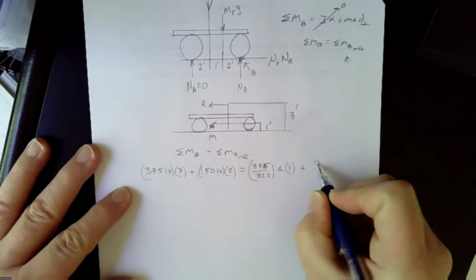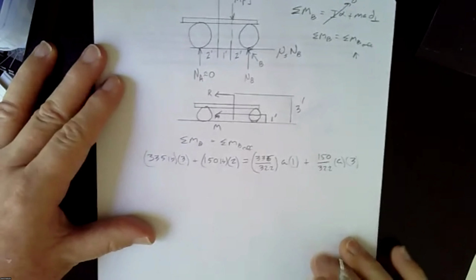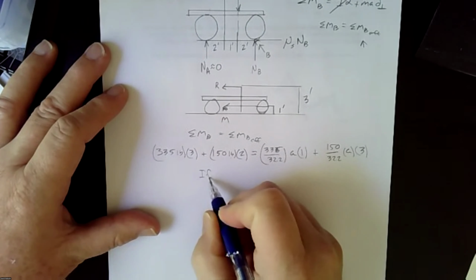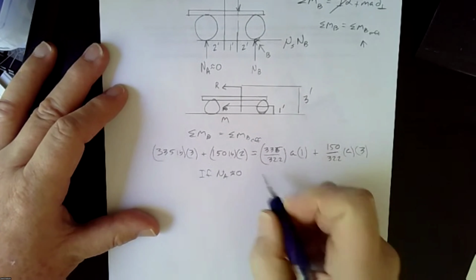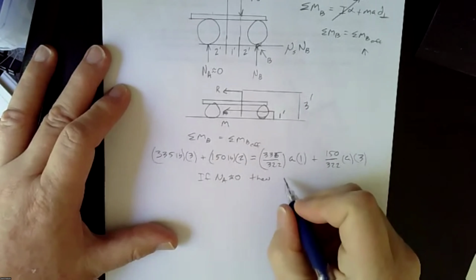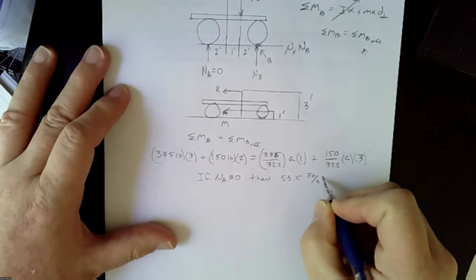So it's going to be A, and then it's going to be times 3 feet this time. So we're saying if NA is 0, then our acceleration turns out to be about 53.5 feet per second squared.